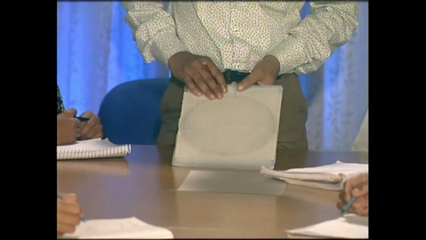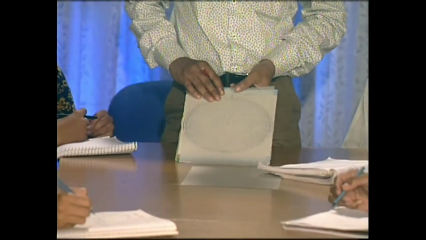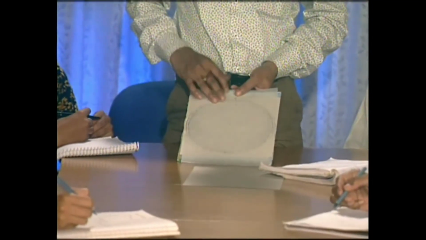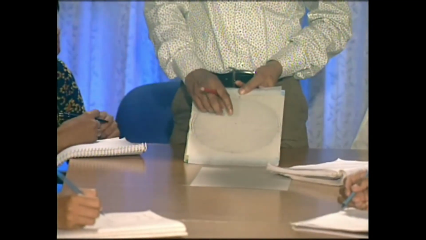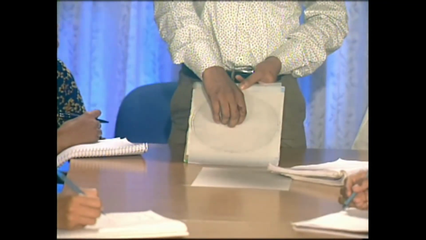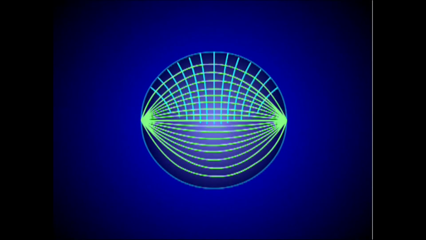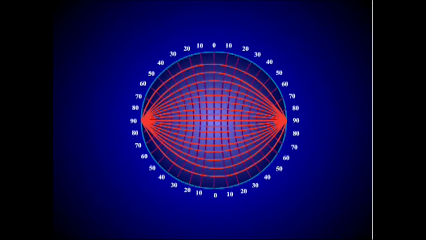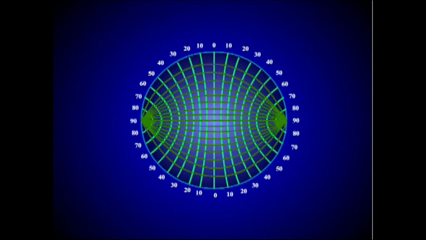Let us talk about the stereographic grid now. To obtain the stereographic net or stereographic grid, we may think about a number of planes having identical strike, say north south, and dipping at various angles towards east or west.